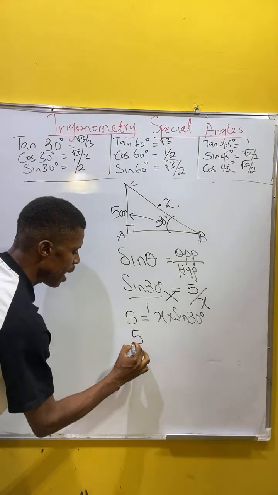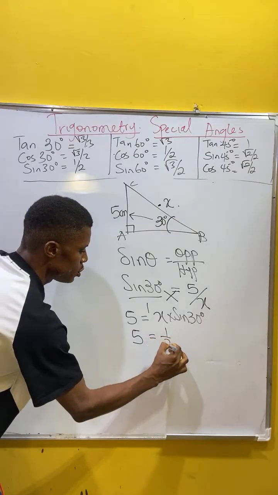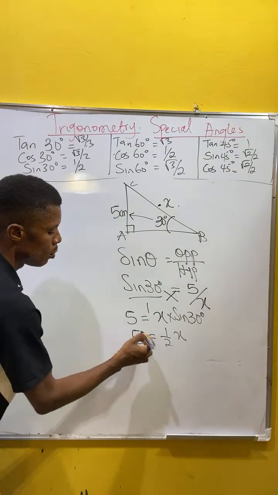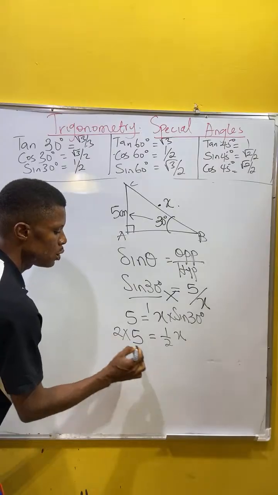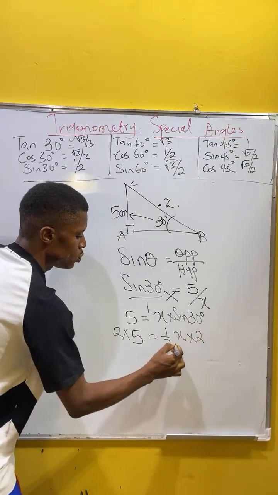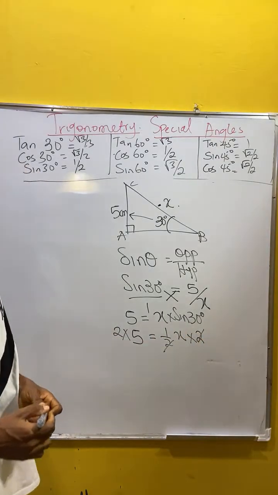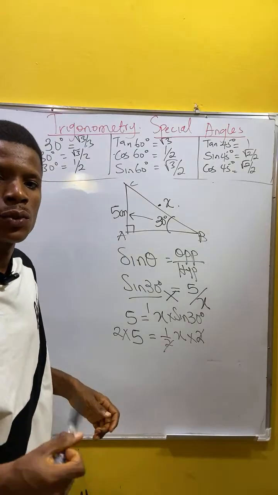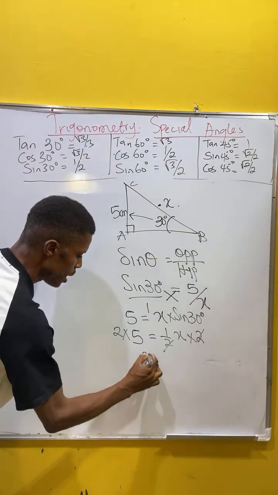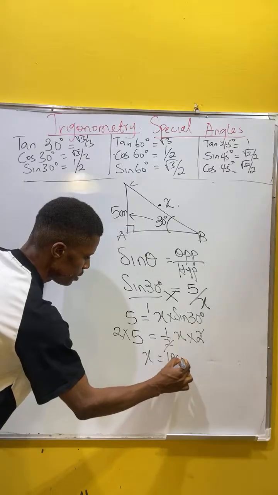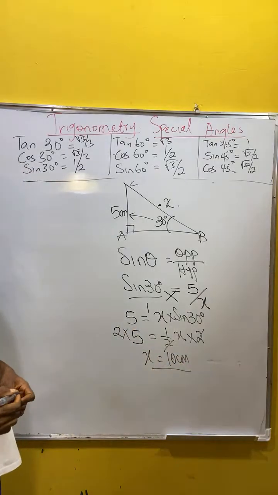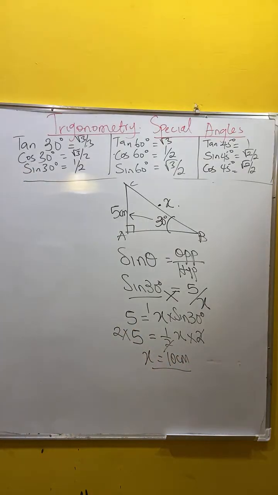That means 5 is equal to 1 over 2 x. So we multiply both sides by 2 to clear the fraction. If you multiply both sides by 2, what are you getting? You see that x is equal to 10 centimeters. So x is actually 10 centimeters.